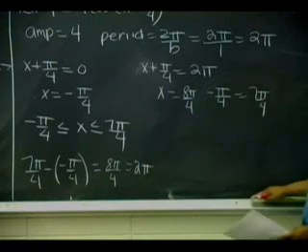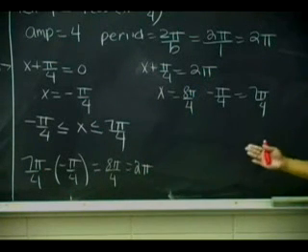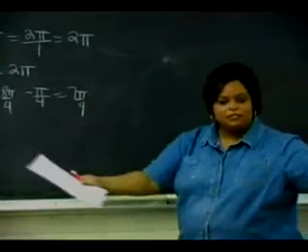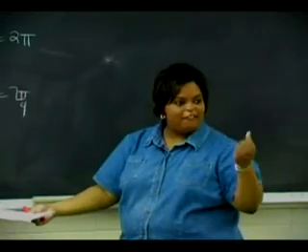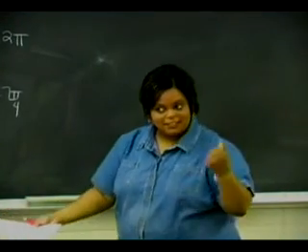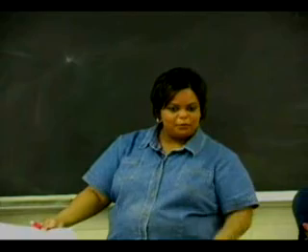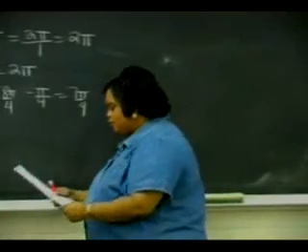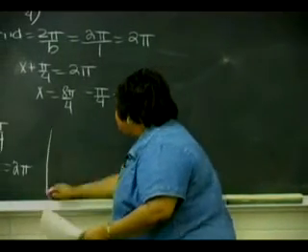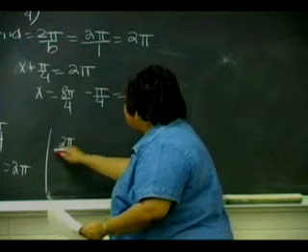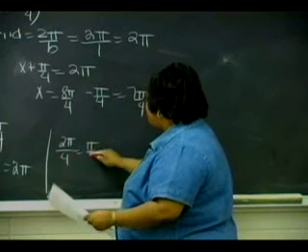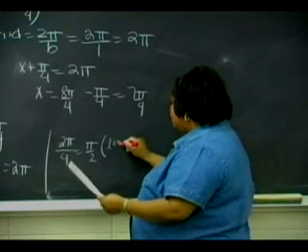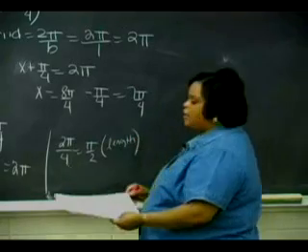So my graph still will be 2 pi long. But that only tells me the length. I need to now divide by 4, right, to figure out what I add to these points. So, 2 pi divided by 4 is pi over 2. And this gives me the length of my intervals.